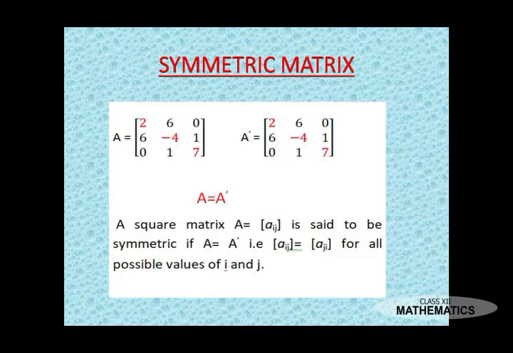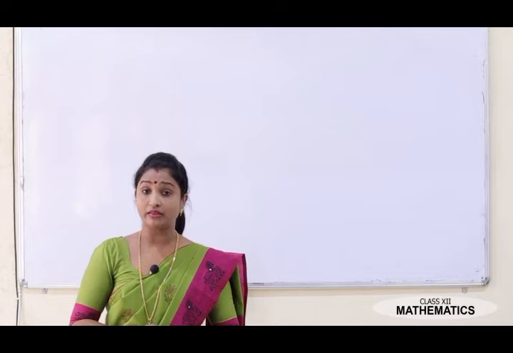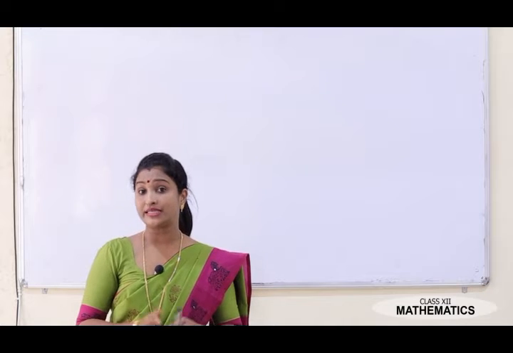You can see here I have taken A equal to 2, 6, 0, 6, minus 4, 1, 0, 1, 7, a 3 by 3 square matrix. If we find A dash, you will observe that you get the same matrix as A. That means A and A dash both are the same. Now, one thing you have to remember: what is A dash?